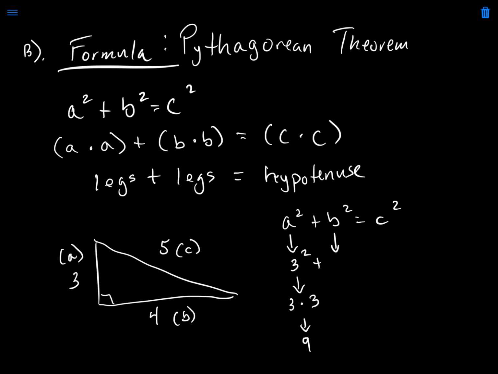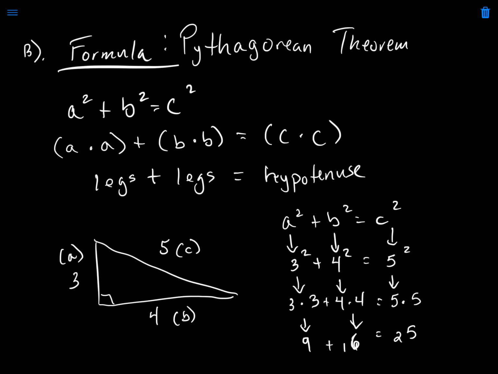Then I have B squared, which is 4 squared, which is 4 times 4, which is 16. Then we have C squared, which is 5 squared, which is 5 times 5, which is 25.